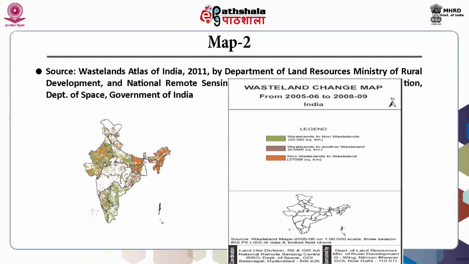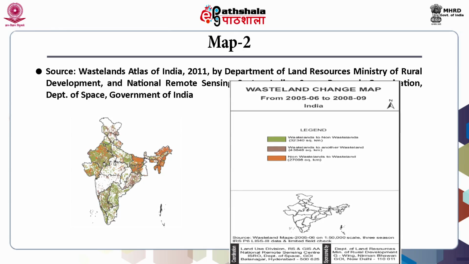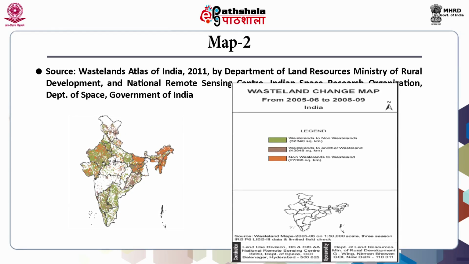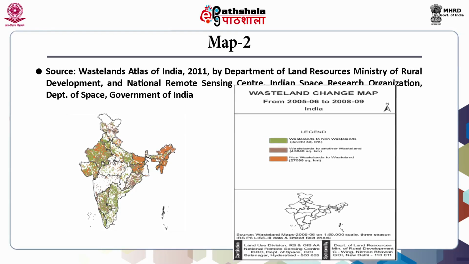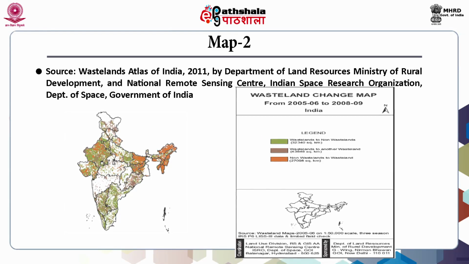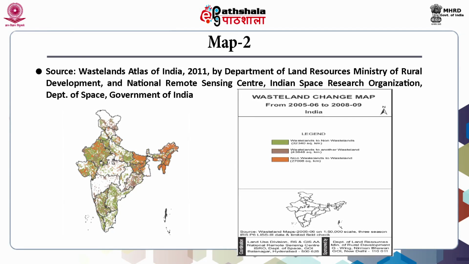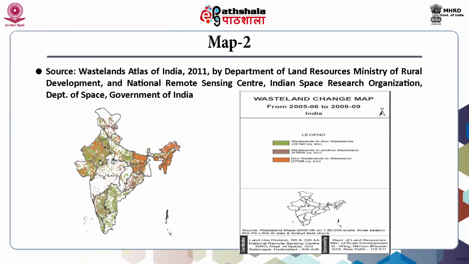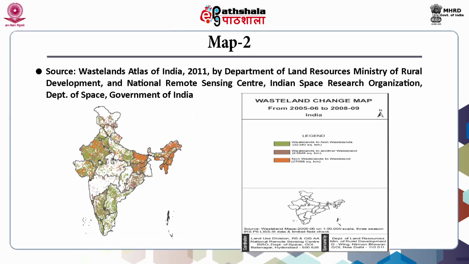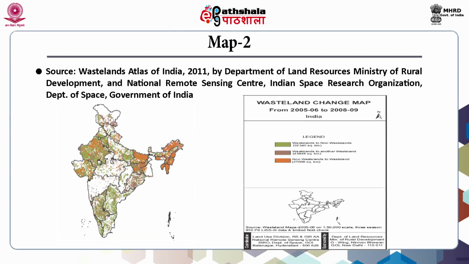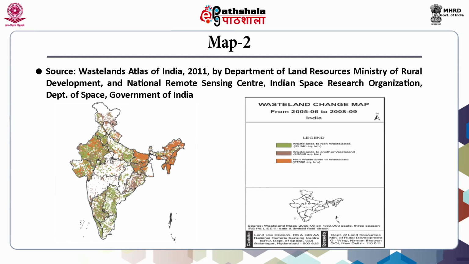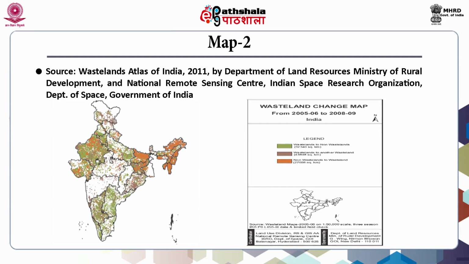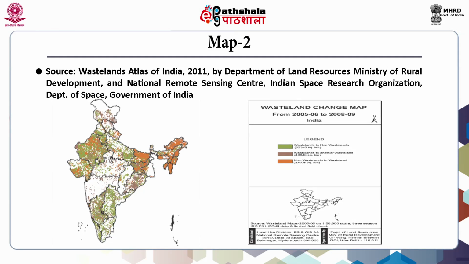Then map 2, Wastelands Atlas of India 2011 by the Department of Land Resources, Ministry of Rural Development and National Remote Sensing Centre, Indian Space Research Organisation, Department of Space, Government of India, is shown in this map. Here we can see 3 main colors: green, which is wasteland to non-wasteland, then dark brown, which shows wasteland to another wasteland, and then light brown, which shows non-wasteland to wasteland.